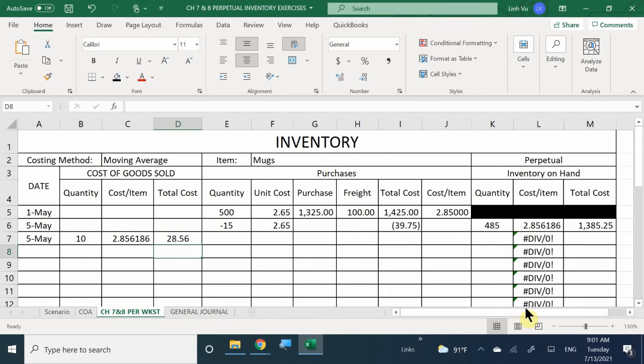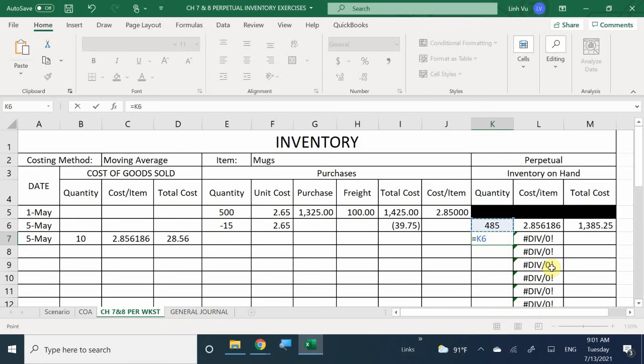Now we need to update our inventory because I no longer have 485 anymore. I sold 10 of them. So what is 485 minus 10?